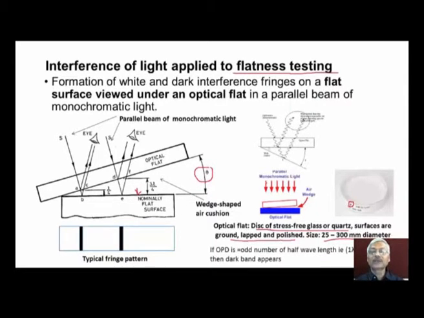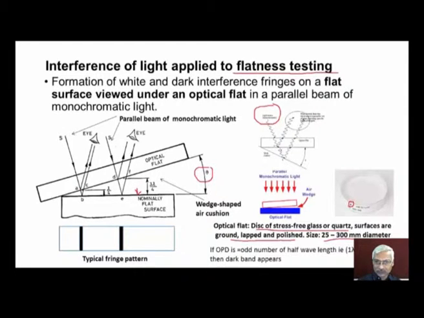Now you can see here we have a monochromatic light source, S, and we get the light wave, which is shown here. Now this light will fall on the bottom surface of the optical flat, and part of the light is reflected back as shown here, and part of the light will be transmitted.